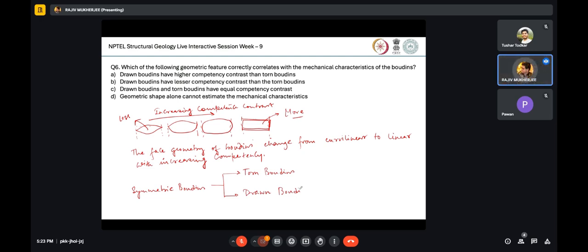Tone Boudins have linear face geometry, and drawn Boudins have curvilinear face geometry. So, of course, this is more competent, and this is less competent. So, based on this observation, we can say that B is the correct answer, that the drawn Boudins have lesser competency contrast than the tone Boudins.